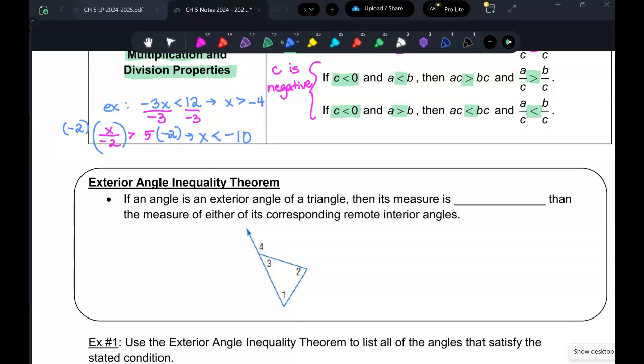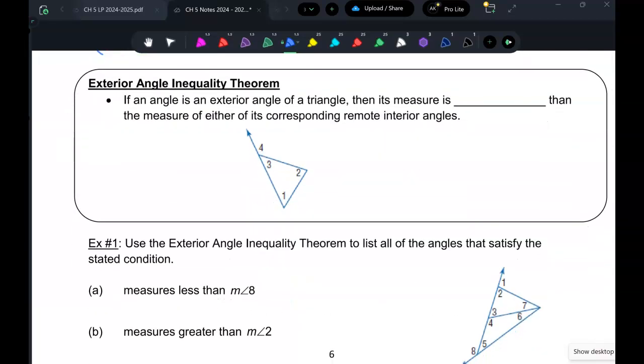I promise. Okay. Exterior angle inequality theorem. We already know that the exterior angle equals the sum of the two remote interior angles, right? We know measure of angle 4 has to equal measure of angle 1 plus the measure of angle 2.